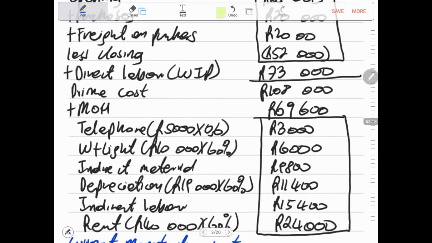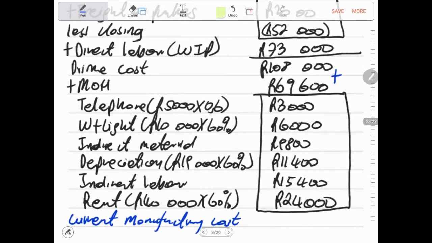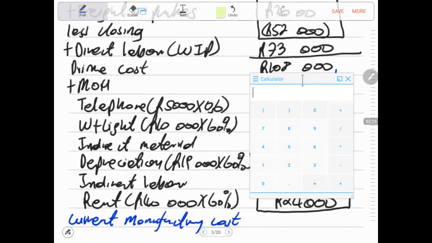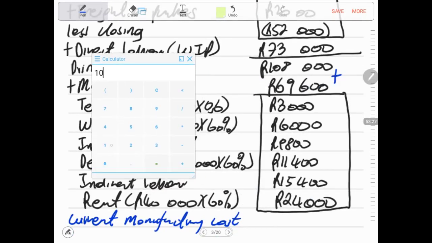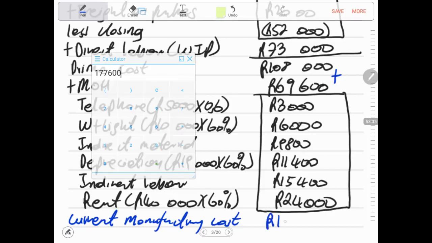It will be prime cost plus conversion cost. Therefore, I will just say 108,000 plus 69,600. This gives me an amount of 177,600. This is the cost of production in the current year.